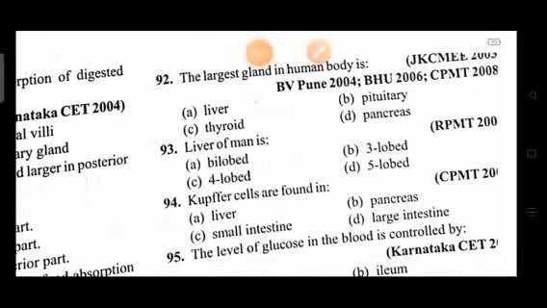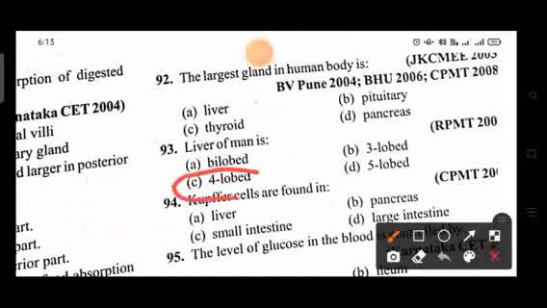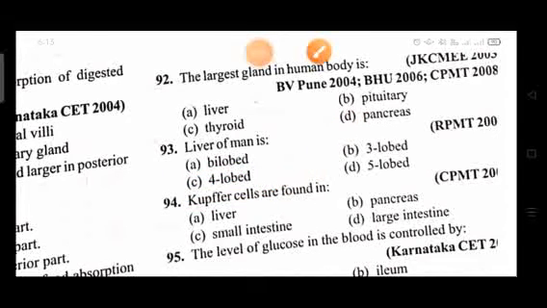But when you see the 3D structure, it has four lobes: left, right, caudate, and quadrate. So the liver of man is four-lobed. When you see it two-dimensionally from one side it looks bilobed, but what we assume is not the right one.